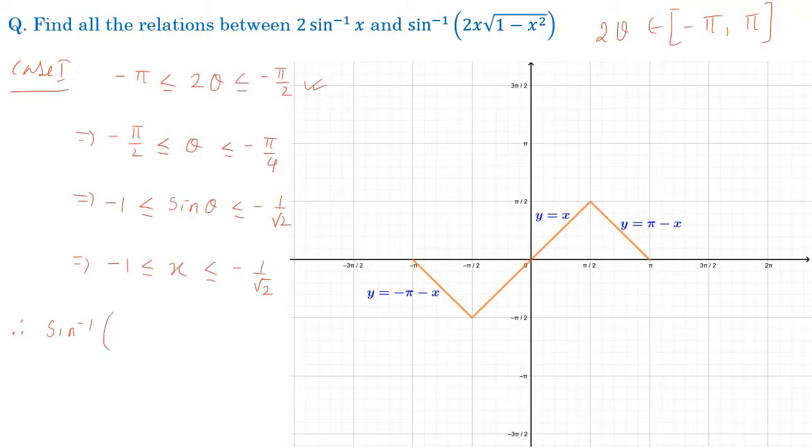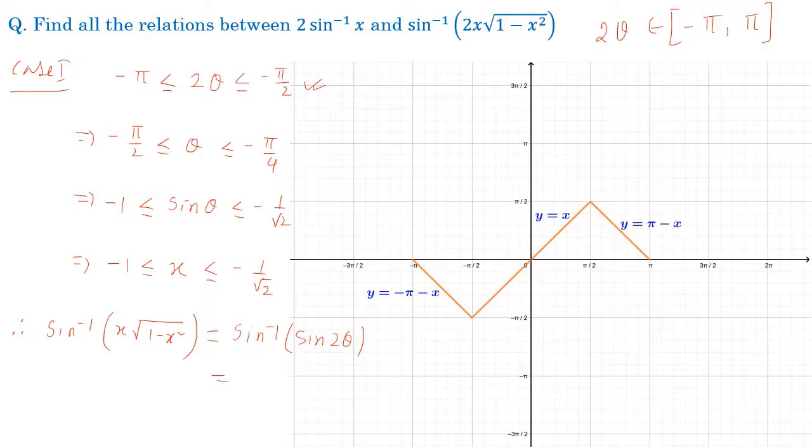and therefore sine inverse of our actual function, sine inverse of the left hand side, x into root over 1 minus x square, is equal to the right hand side, sine inverse of sine 2 theta. But this time 2 theta is lying from minus pi up to minus pi by 2.